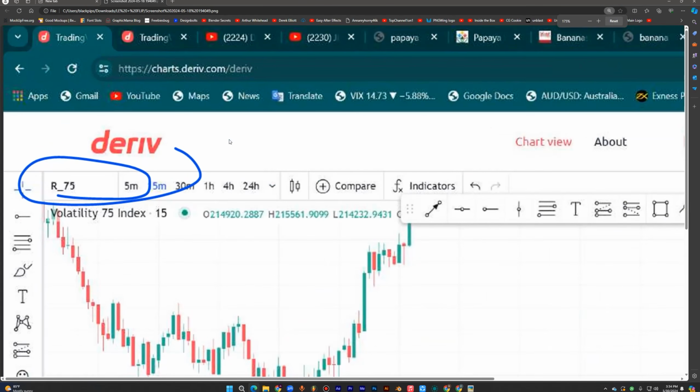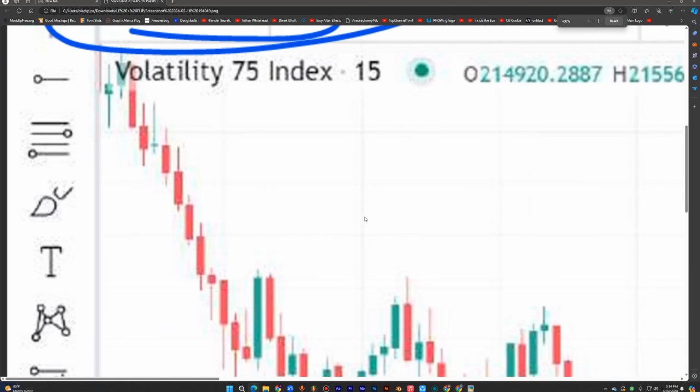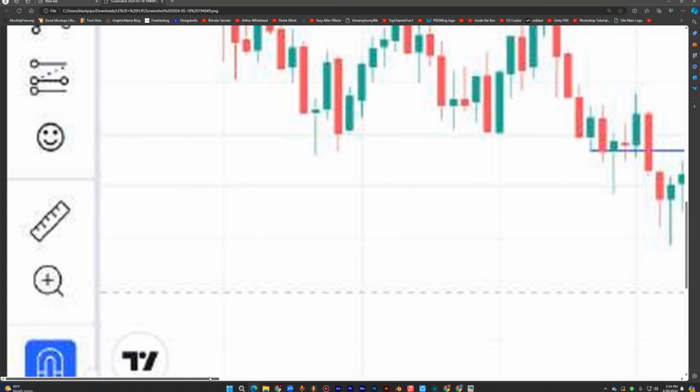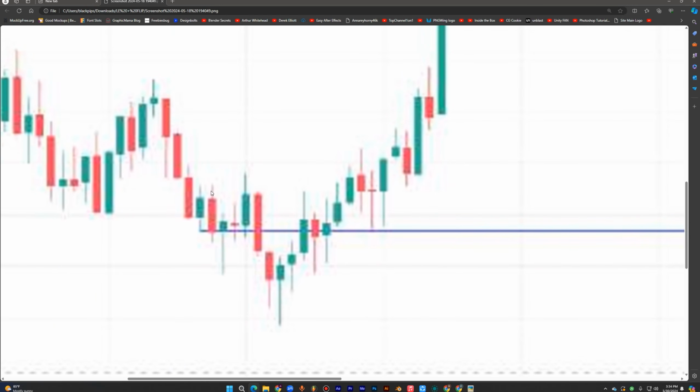Let me zoom it. You see this point here, this point here, this point here. You can see the price just created low, and then high, then low, then high, and then breaks below this point. And also the market came and breaks the highest point here, breaks this high here.